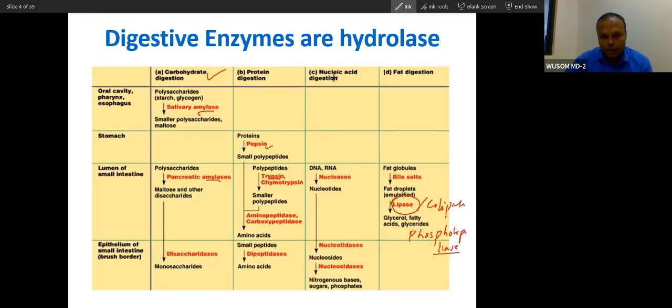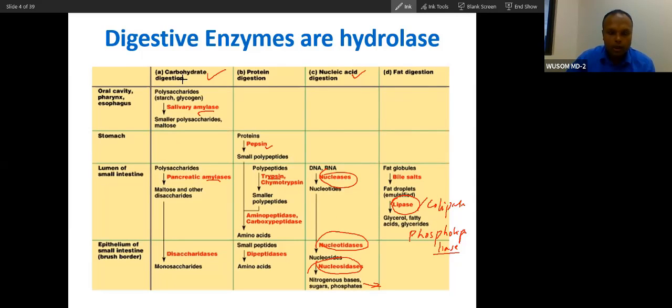And for nucleic acid, we have already done this. I told you the nucleases, DNases, RNases will digest the DNA and RNA, and then nucleotidases and nucleosidases are there, and then catabolism. We have done this. So the digestion is done, but we will not talk about nucleotide digestion.